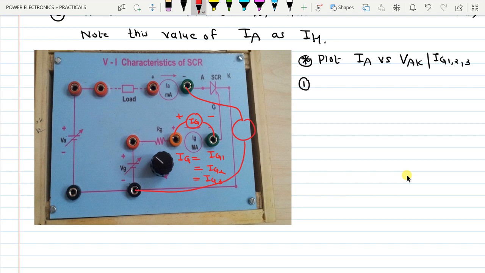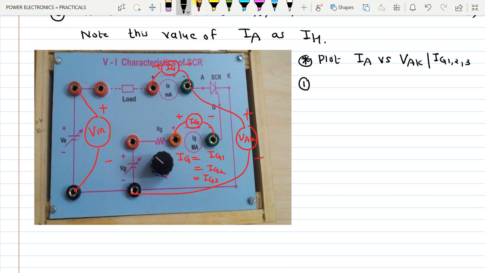The meters continue to remain connected like this. So set IG equal to IG1, which is nothing but the gate threshold current plus 0.2 milliamperes.